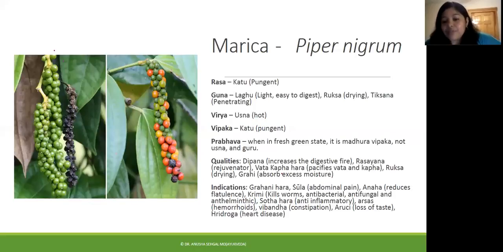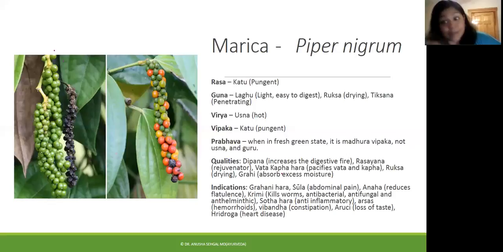It's again, of course, Vata Kapha. It's more drying or ruksha in nature, and it helps to absorb excessive moisture. Indication, of course, Grahani, Shula, Anaha, Krimi, Shotahara, Arshas, Vibhanda, or constipation. Aruchi, of course, it helps to induce taste, and this we know.